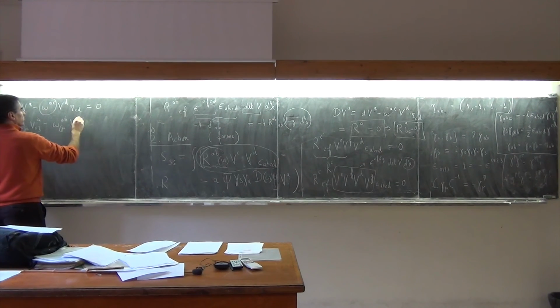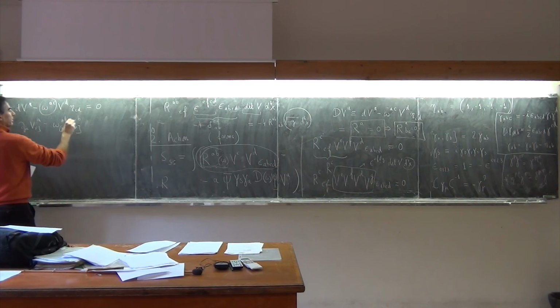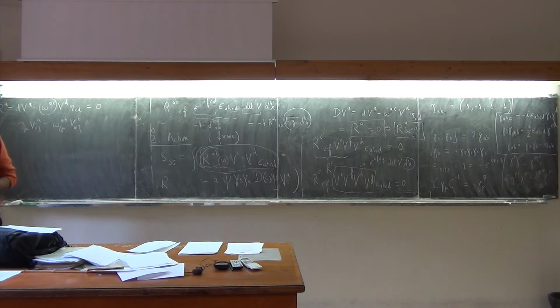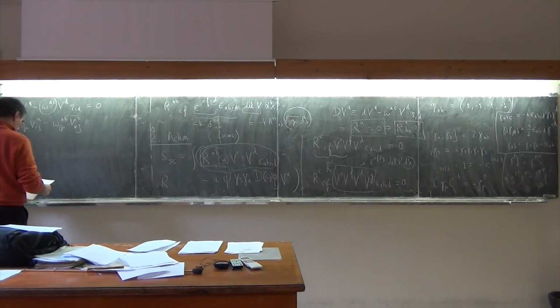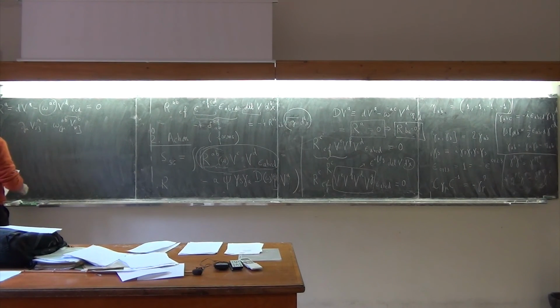Now, and this is contracted with this. Look, I'm just writing dV like this, and this means really a contraction with the eta metric. It is a shorthand for this, just not to write every time eta. Okay, now this equation here has to be equal to 0.